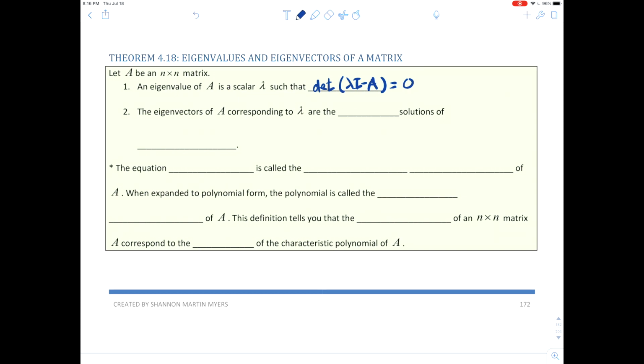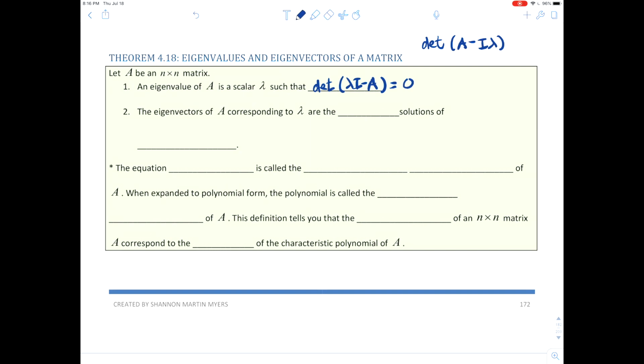Now, just so you know, eigenvalues are shown in different ways. Oftentimes it's shown as the determinant of A minus I times lambda, which ends up being the same, okay?